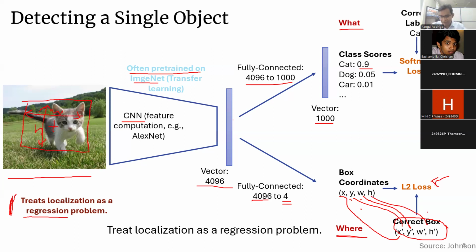These are real numbers that we want to predict. It's a regression problem. When you construct the loss, we can have a weighted sum of these two losses, the softmax loss for the classification and the L2 loss for the location. And that's the loss we minimize as we have been doing before.